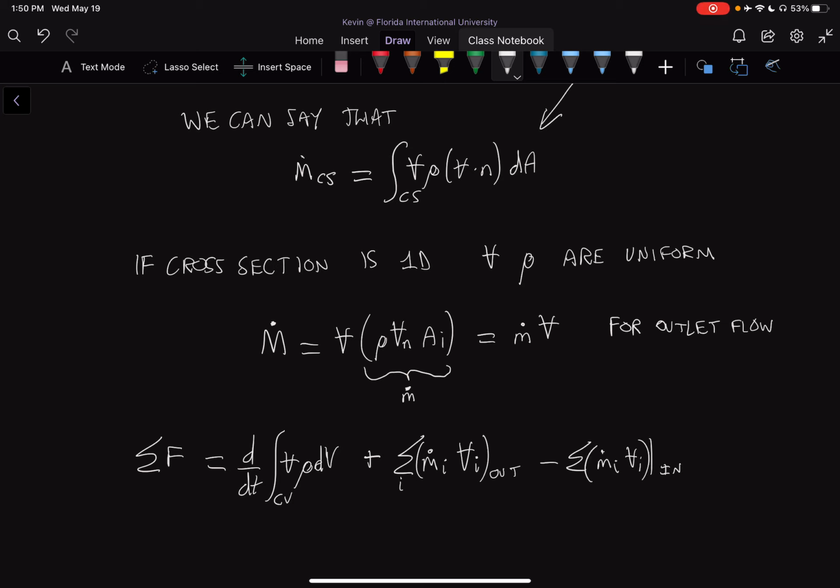And this is for however many exits and entrances there are. So we see that we can simplify our equation if our cross section is one-dimensional.